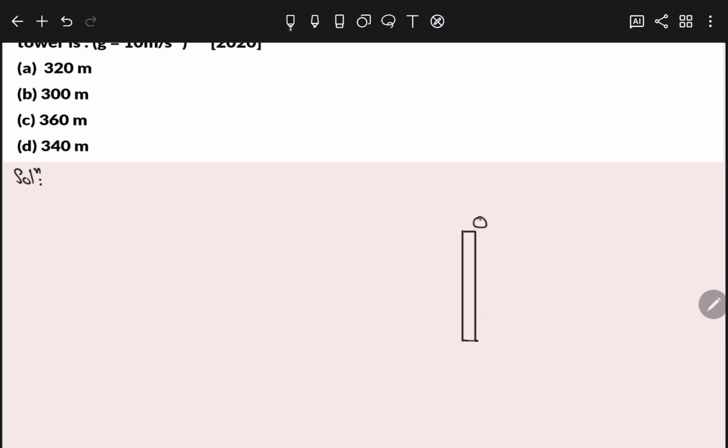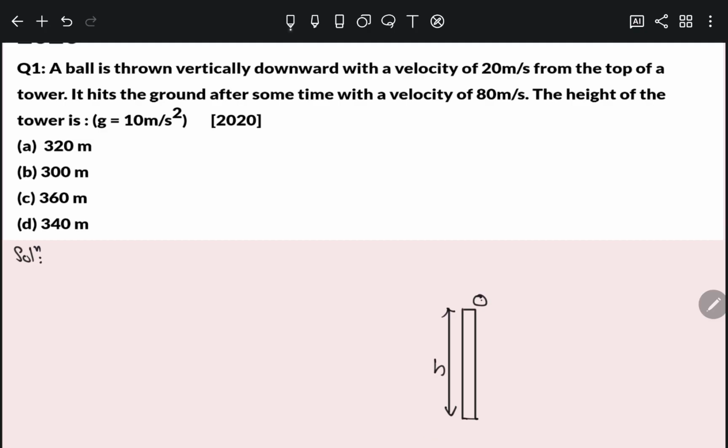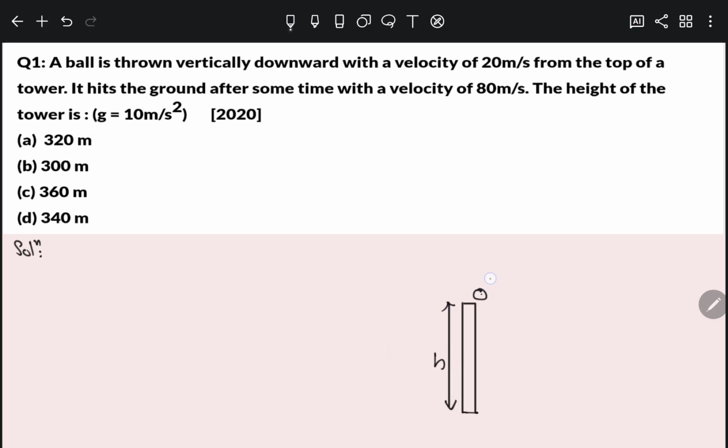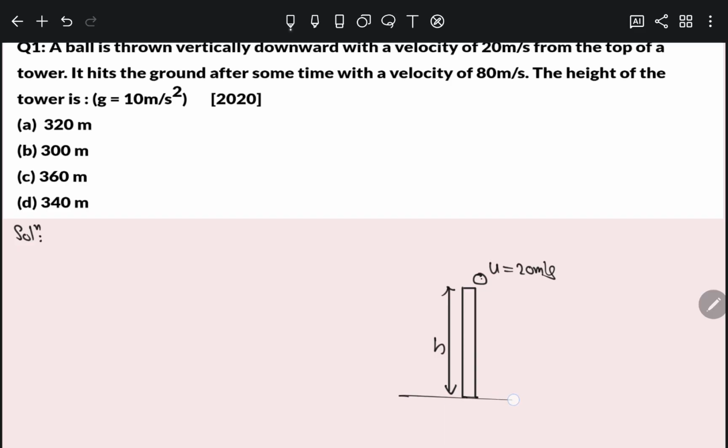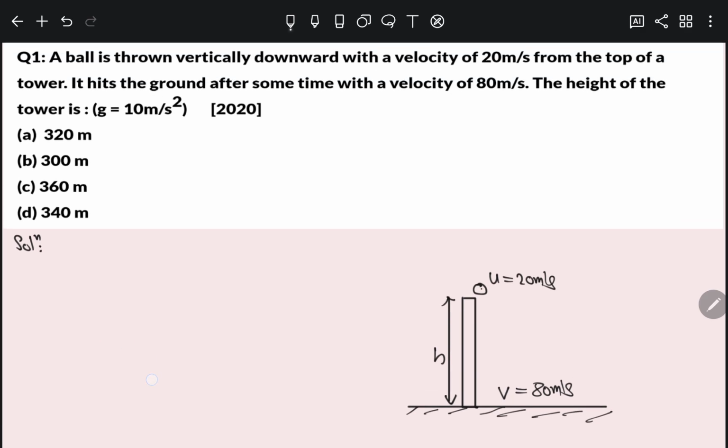A ball is thrown from the top of a vertical tower, whose height is h. And they have thrown it with 20 meter per second from the top of the tower. It hits the ground with the velocity 80 meter per second, right?